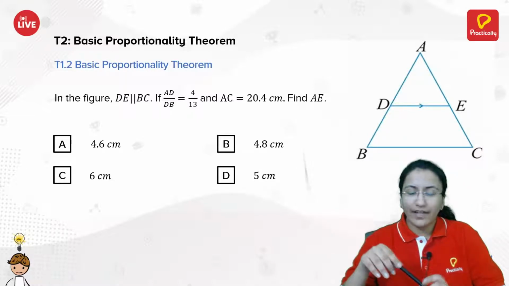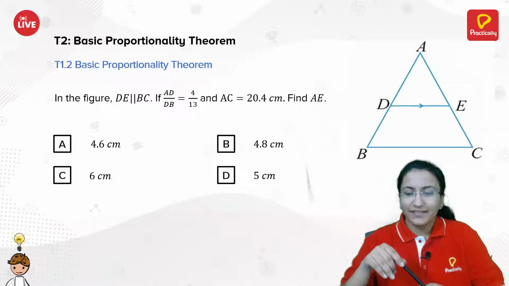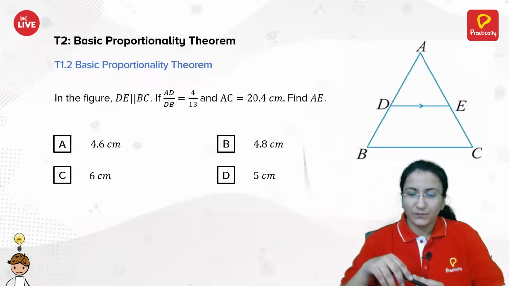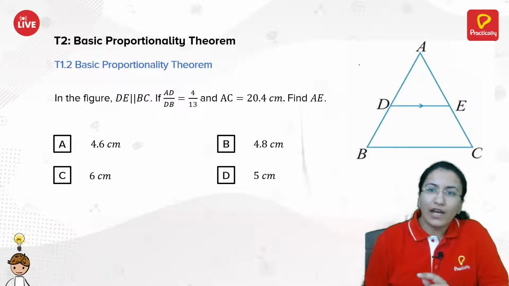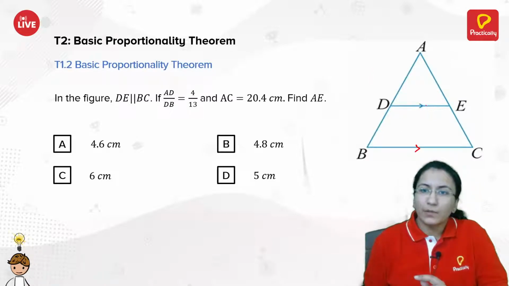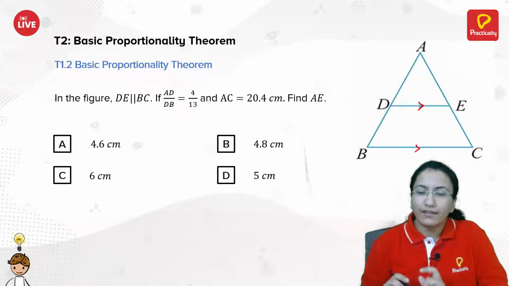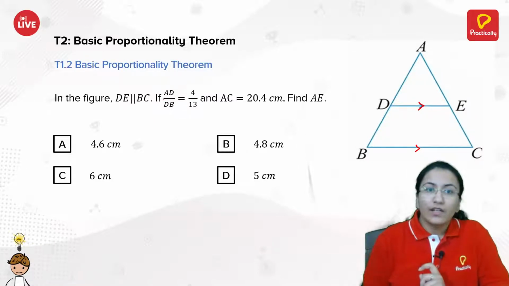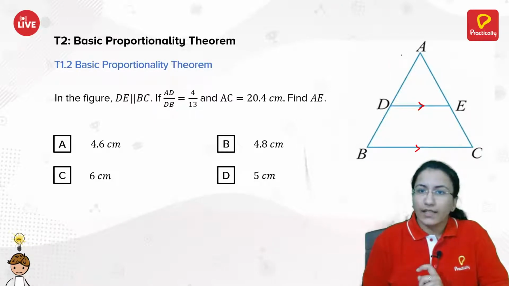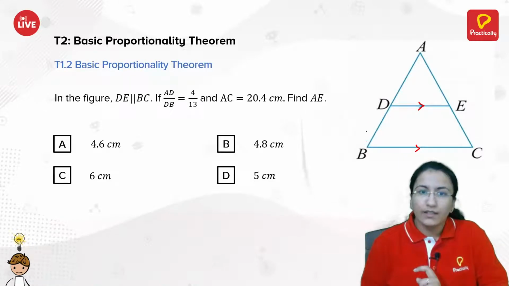Everyone try, you are trying, right? In this figure, you have DE parallel to BC. These two lines are parallel. This is given to you. Now, if AD over DB equals 4 by 13, that means the ratio in which point D divides the length AB is given to you.